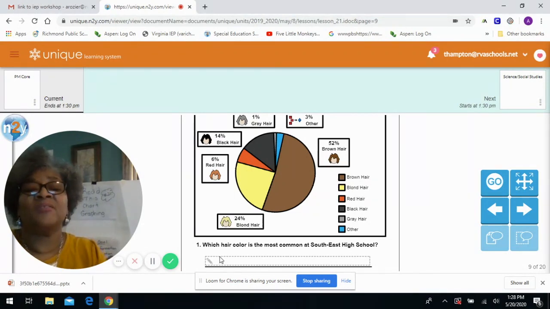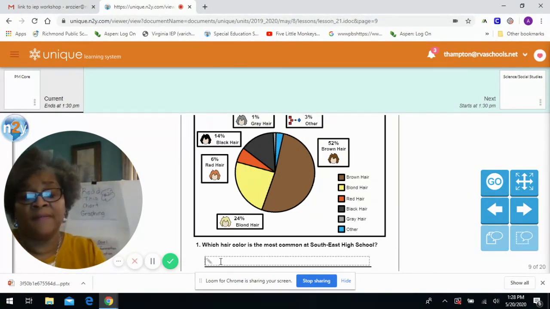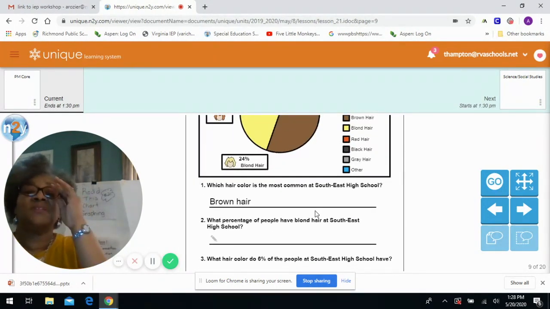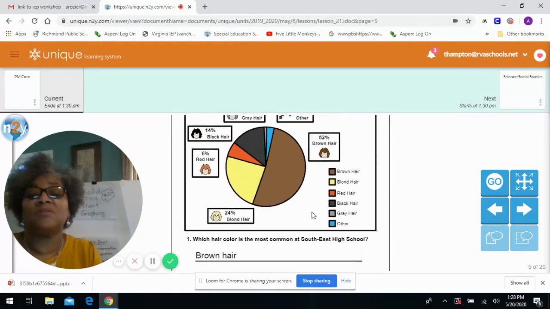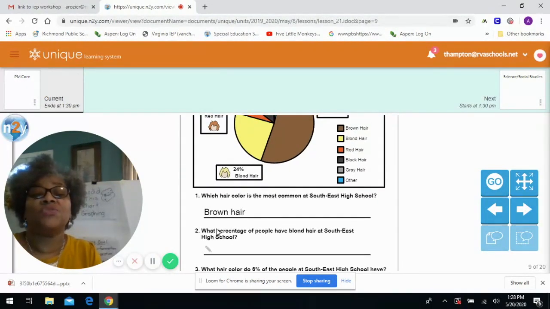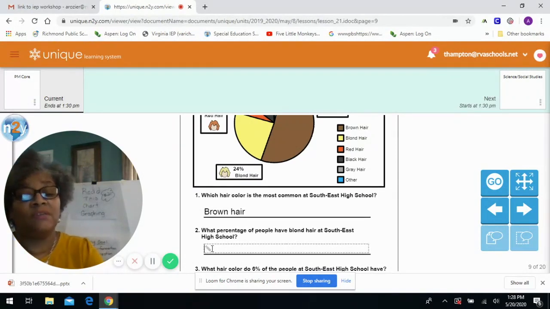Then it says, what percentage of people have blonde hair at Southeast High School? What percentage? So they're looking for a number. What percentage of people have blonde hair? So what is that? 24. 24%. And you can put your percent sign up there.